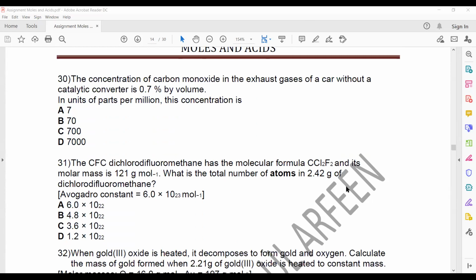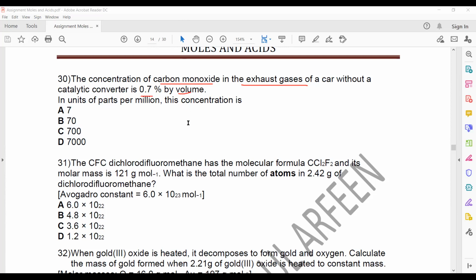Sometimes the percentage is given and we have to find the concentration in parts per million. Look at the question. The concentration of carbon monoxide in exhaust gases without a catalytic converter is 0.7% by volume. In units of parts per million, the concentration is? So how can we solve this?